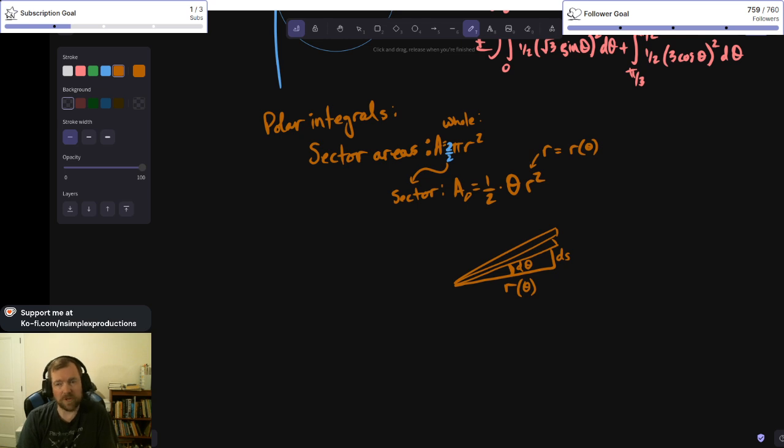So effectively what we're going to say is, we want to sum, as n goes to infinity, for i equals 0 to n, the sum of all of our sector areas.